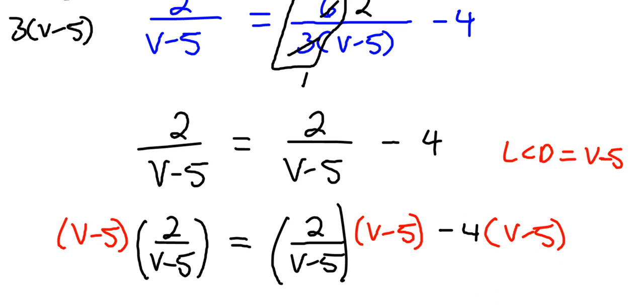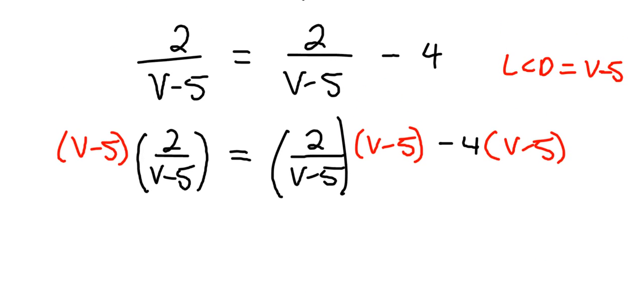And then you'll cancel out everything that you can cancel out there. Again, the fractions should go away. Those v minus 5s will cancel, leaves you with a 2. These v minus 5s will cancel, leaves you with a 2.